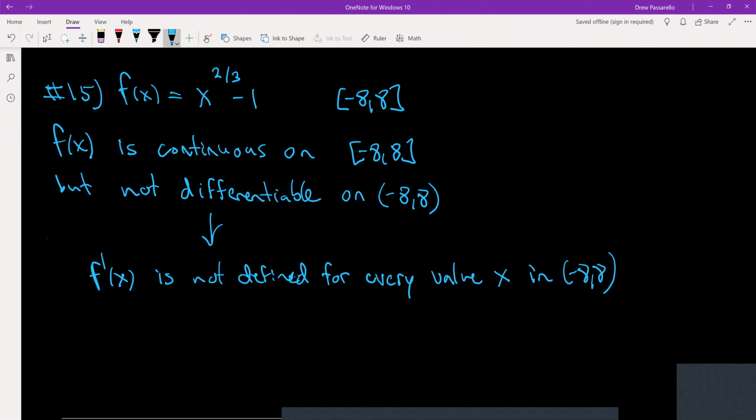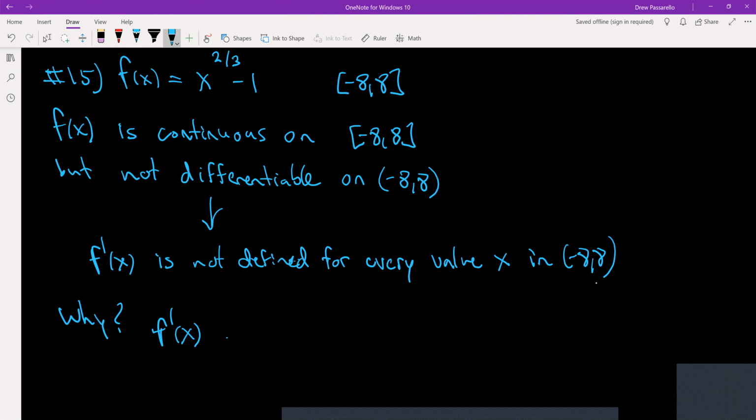Now, how did I arrive at that conclusion? Well, I found its derivative. So f prime of x, using the power rule, the 2/3 gets dropped down, so it's 2/3 times x to the 2/3 minus 1. And then the -1 goes away because that's 0.